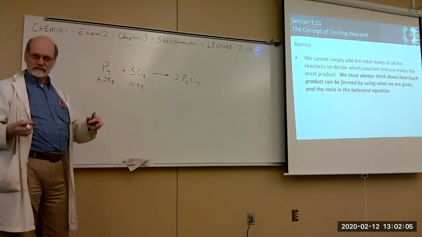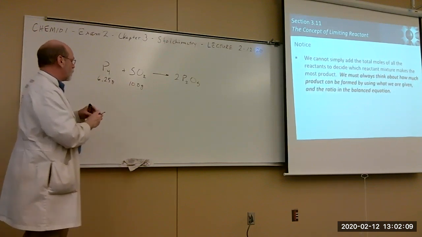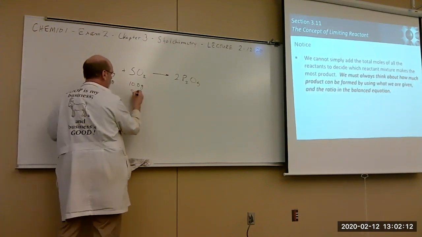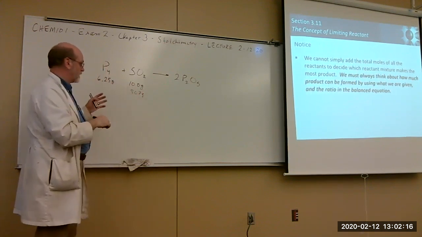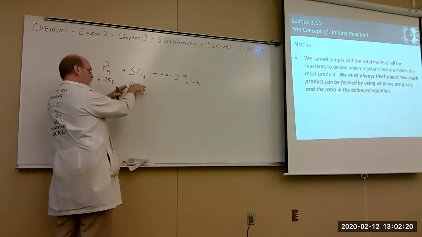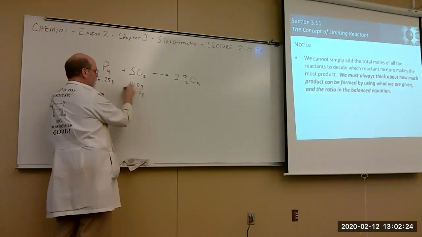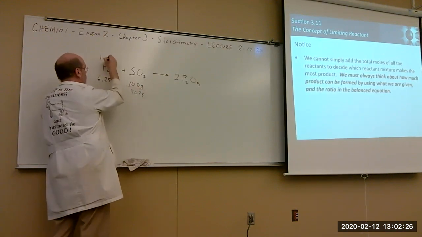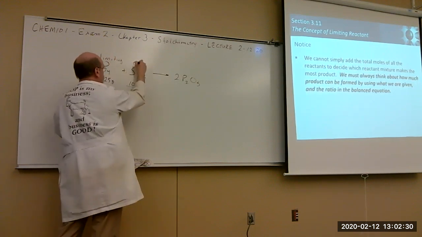Which one's limiting? Well, we know that we need 8.07 grams of oxygen. Which one's going to run out first? As soon as 8.07 grams of this is used up, all of that is used up. So in this scenario, this one's limiting, and this one is in excess.